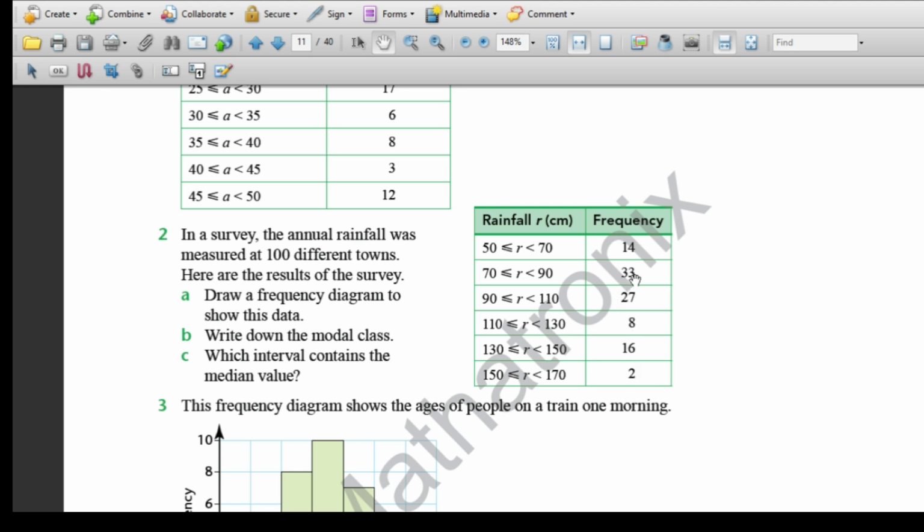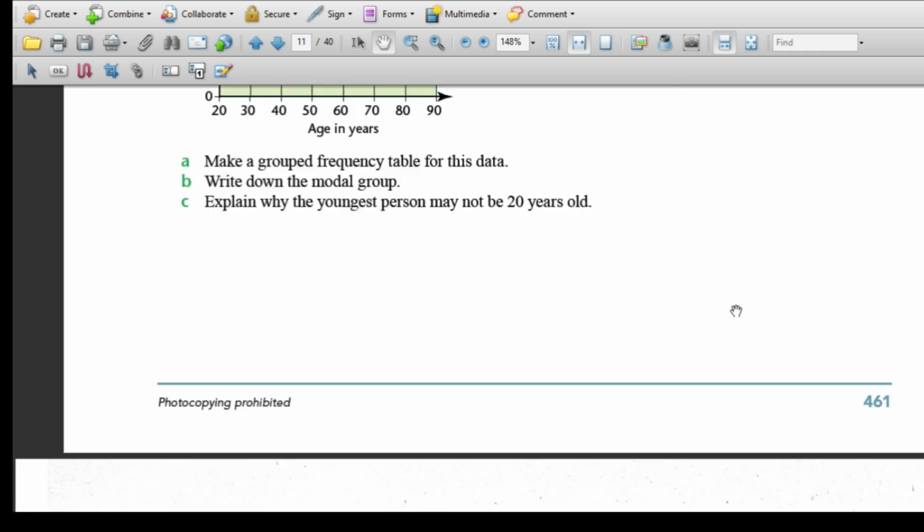So 14 plus 33 is 47, and in this band the median will be in 90 to 110, because the 50th frequency will be here. So the 50th and 51st will be here. So the median value will be in this range. So this is question number 2. Let's solve it.